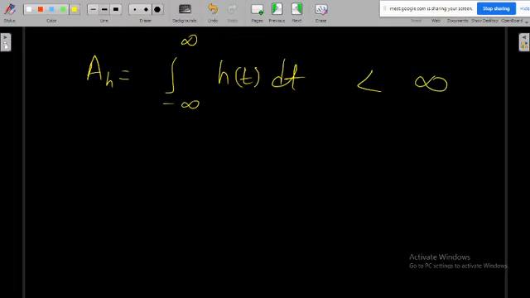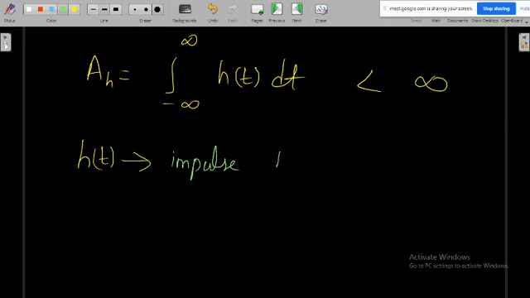So instead of worrying about input and output, once you know h of t, you can directly tell whether the system is bounded or not, because h of t is the impulse response of the system and it denotes the system properties.